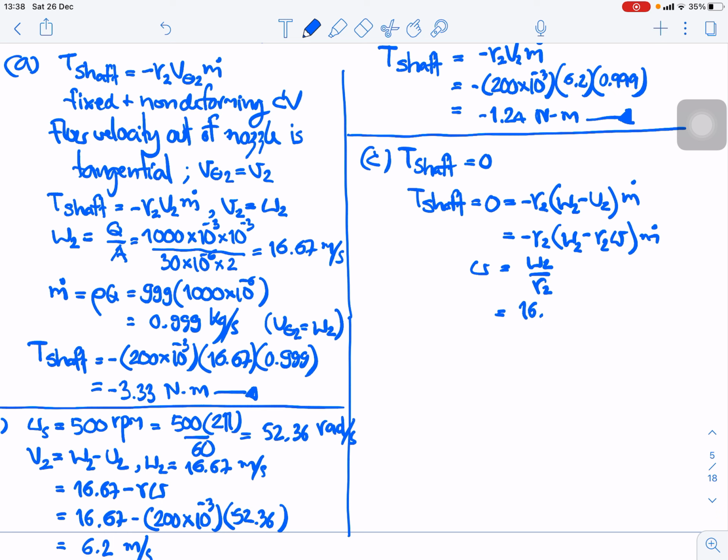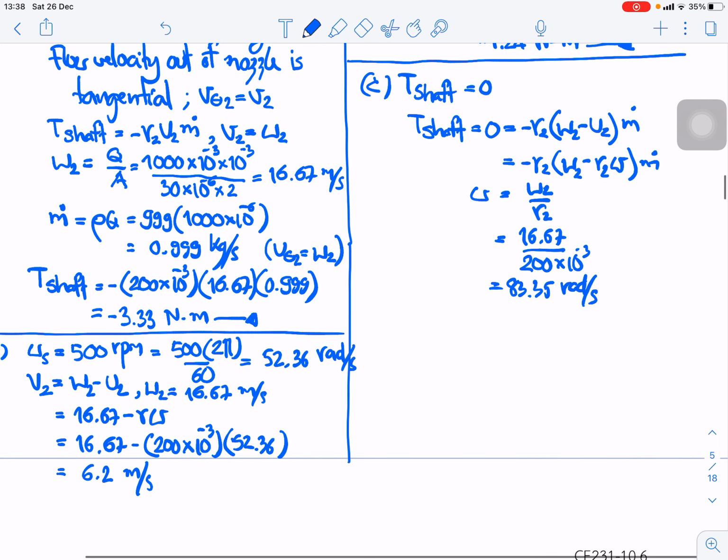W2 is 16.67 divided by the radius. We got 83 point something, and we can convert to rpm.